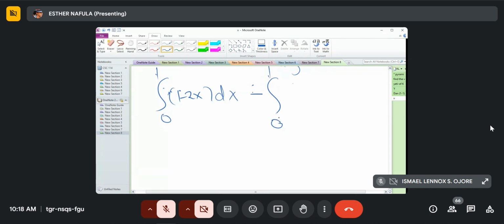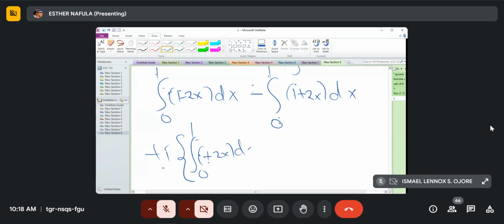Our v is 1 plus 2x, but x is equal to y, so 1 plus 2x dx, plus i times, we're integrating from 0 to 1, 1 plus 2x dx, plus we evaluate from 0 to 1, 1 minus 2x, in place of dy, we replace with the dx.